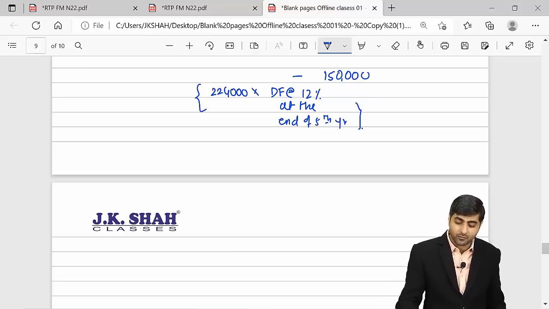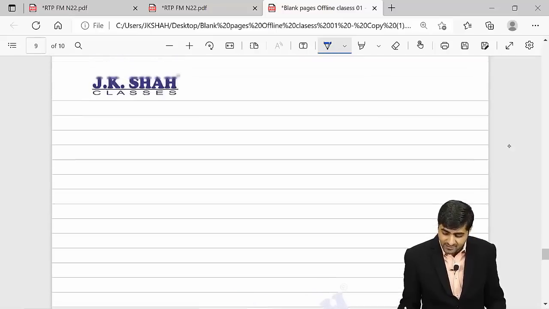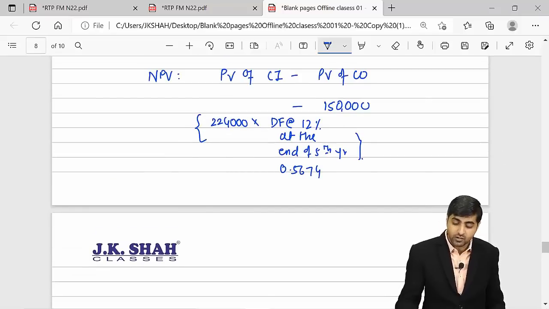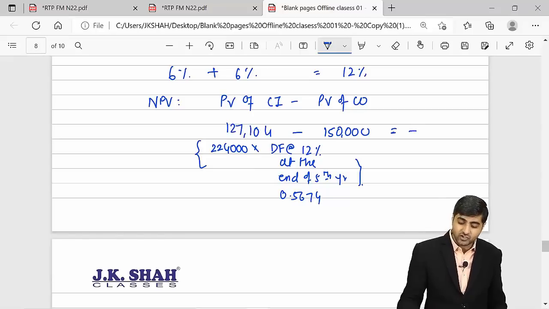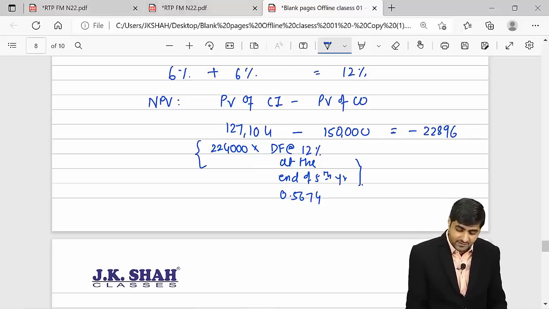How much is that coming? 1 divided by 1.12, 1, 2, 3, 4, 5. So your PV factor comes as 0.5674, which we multiply by the average cash inflows of 2,24,000. So you'll be getting 1,27,104, which gives you a negative NPV of 22,896.